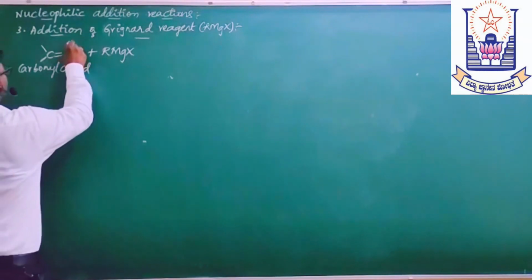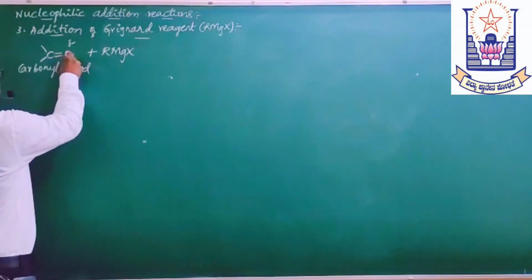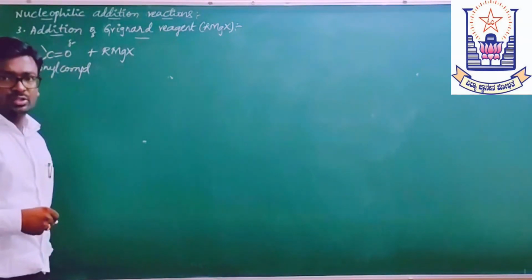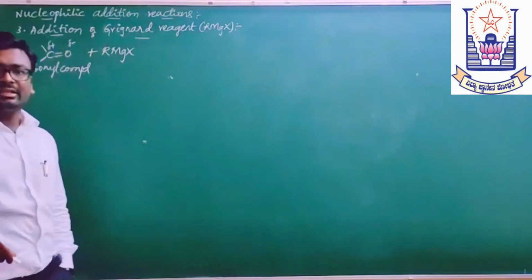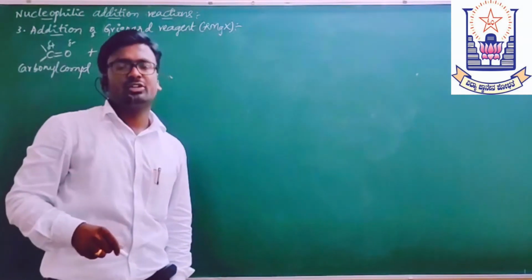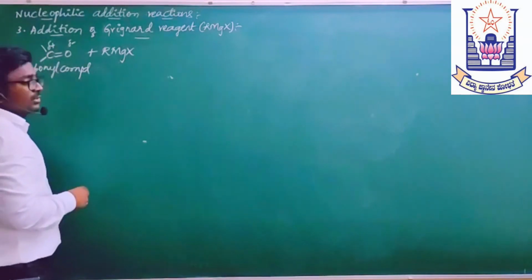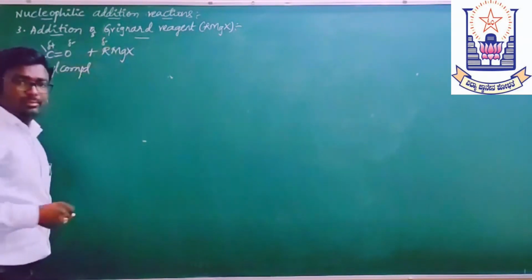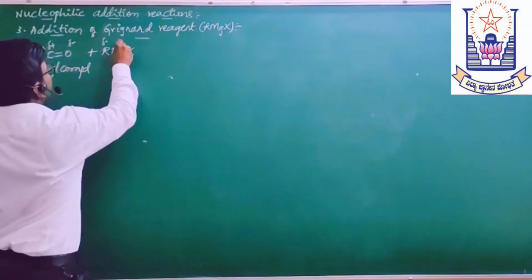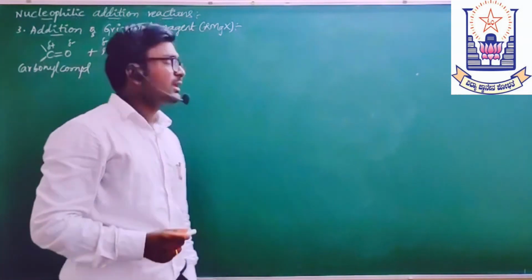You know that the oxygen is most electronegative, it will pull the electrons and become electron rich. So it is delta minus. And the carbon is losing electrons, so it gets a delta plus, partial positive charge. And in the Grignard reagent, the alkyl part is delta minus, and the magnesium metal is positive.